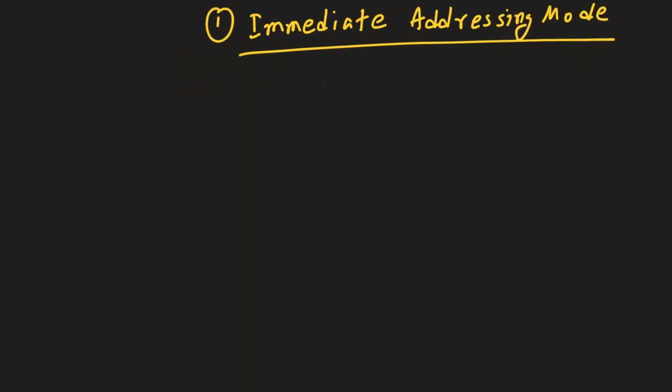First, we are going to discuss the immediate addressing mode. When the data is mentioned or given in the instruction itself, it's called an immediate addressing mode. So one example of immediate addressing mode is MOV AX, 5000H.